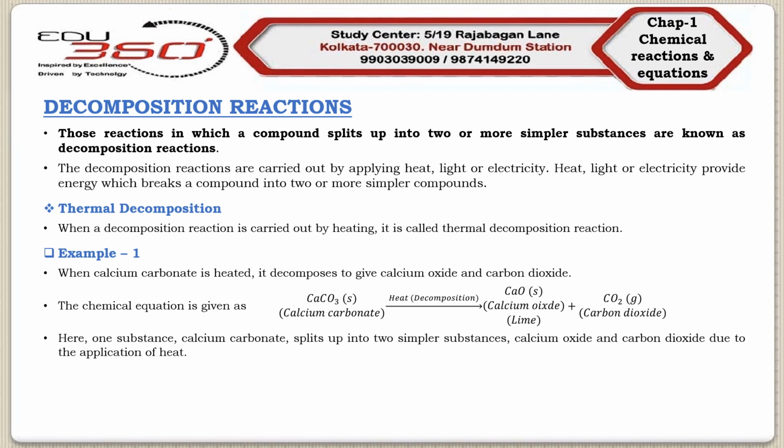So it is an example of thermal decomposition reaction. The single compound calcium carbonate is split into two simpler substances, calcium oxide and carbon dioxide, due to the application of heat.